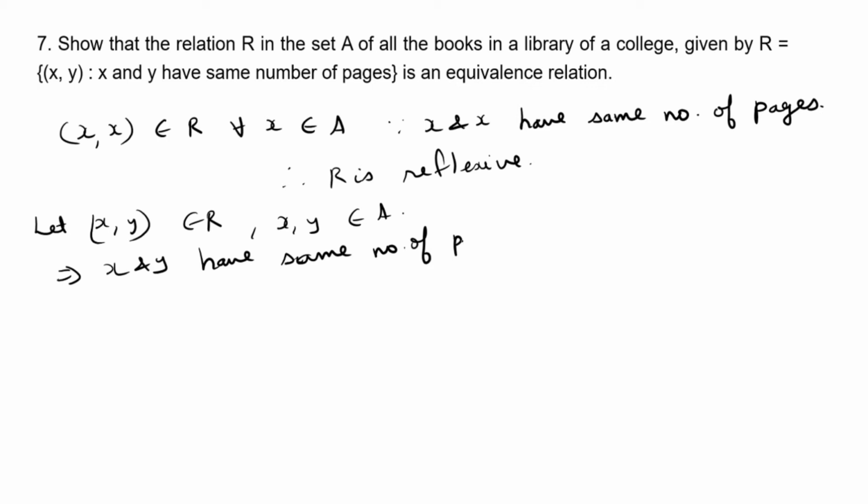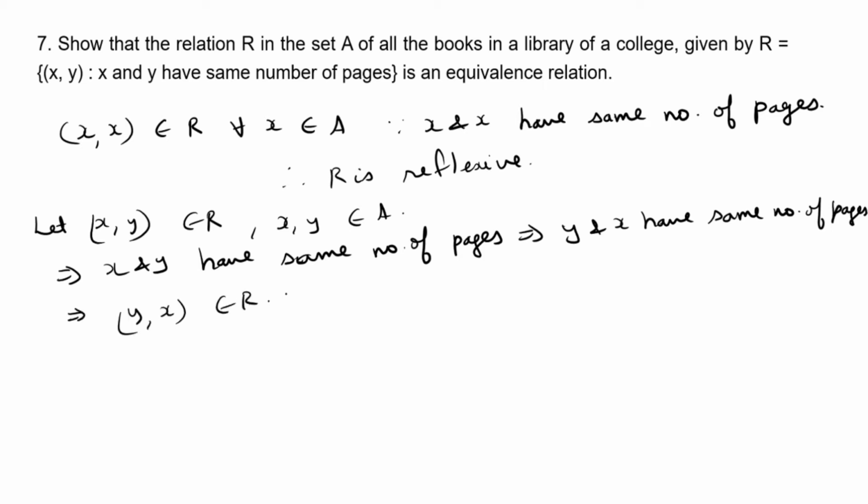If x and y have the same number of pages, it means y and x also have the same number of pages, which means (y, x) belongs to R. Therefore, R is symmetric.